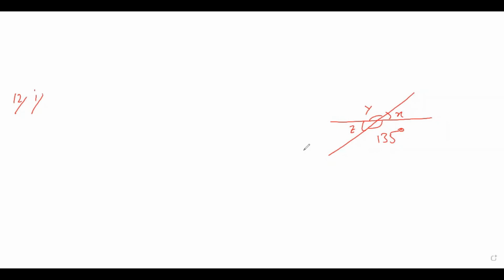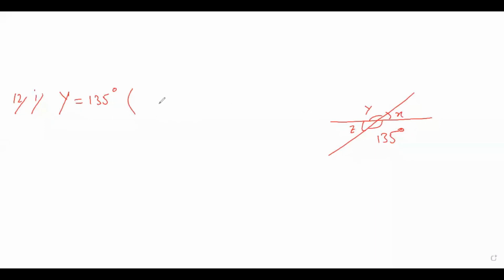So which value can we find easily first? We can see that y is equal to 135 degree. Why? In the last video I have told you the properties.